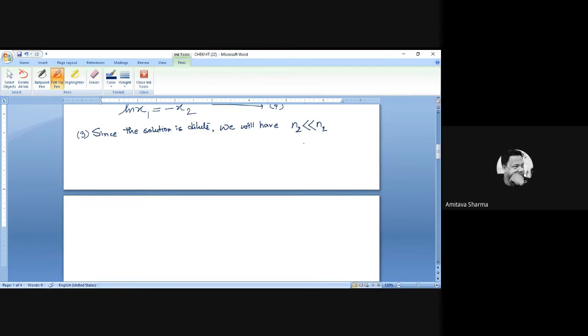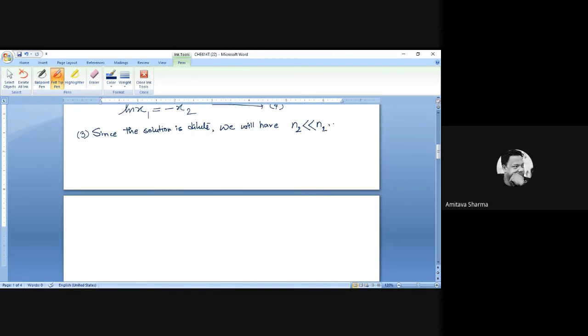As the solution is very dilute, the number of moles of solute present in the solution is much smaller than the number of moles of solvent present in the system.